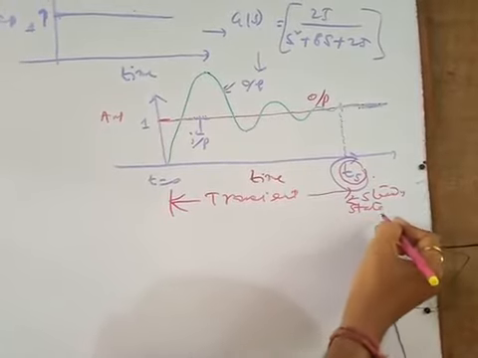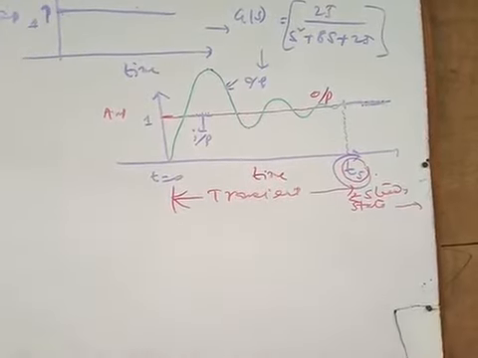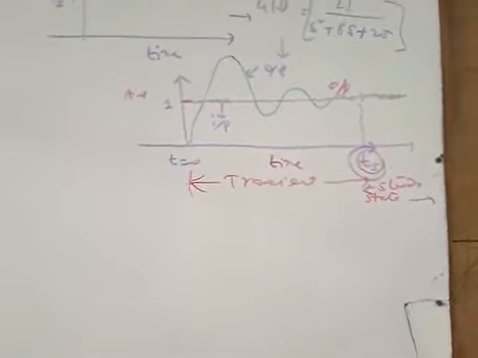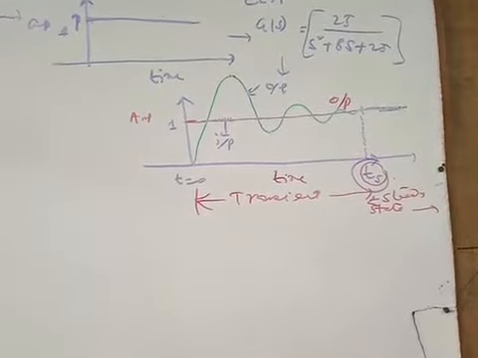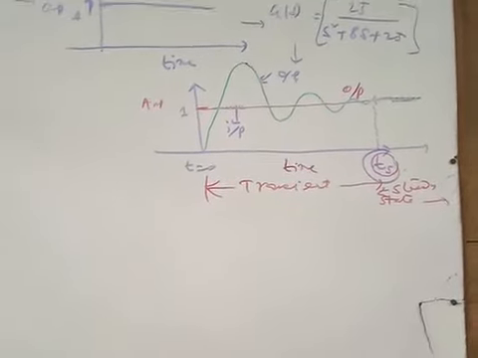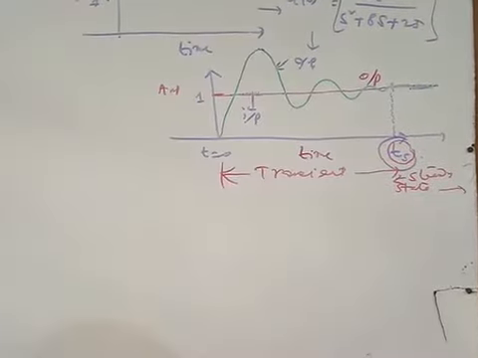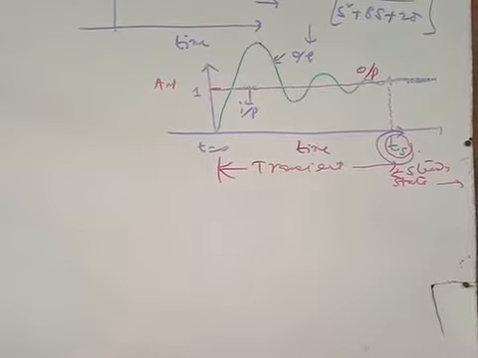state. So steady state, theoretically the steady state is reached at t equal to infinity, and that I will discuss in detail. But in this part I just want you to understand the transient part and steady state.